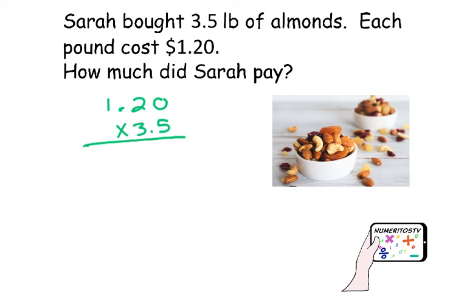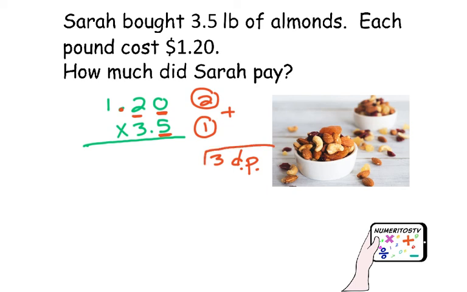The first thing that I do is count how many decimal places I have for each number. So those are the places after the decimal point. So in the first number, I have 2 decimal places, the 2 and the 0. In the second number, I have a 5. So that means that only 1. So in total, I have 3 decimal places that I need to bring back.